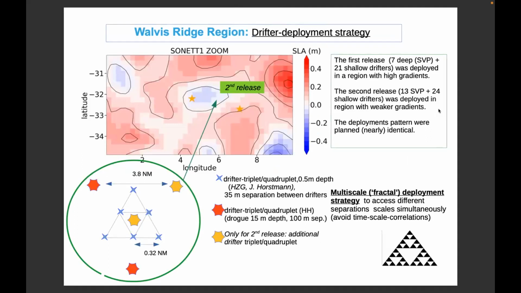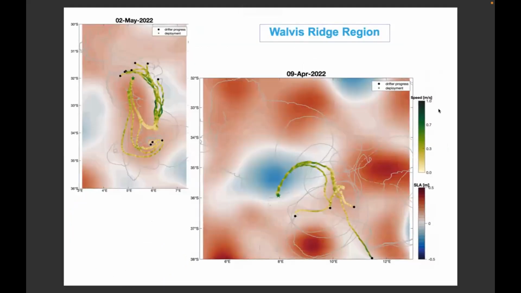What I want to say is we try to avoid time-space correlation by deploying the drifters like a fractal, so you have all kinds of scales simultaneously, although of course it's only a 2-iteration fractal. Here we have the shallow drifters, and the big spots are the deep drifters, and they are all triplets.